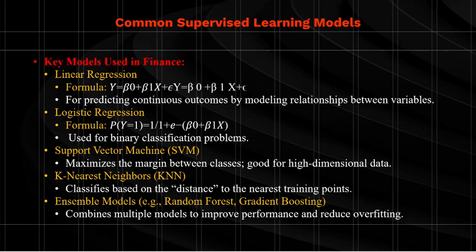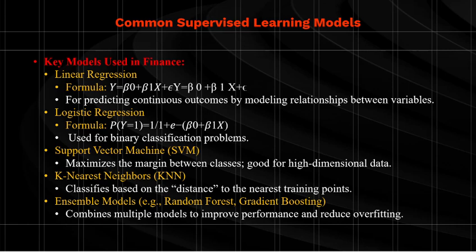Key models. So let's see key models used in finance. First we have linear regression, which predicts continuous outcomes by modeling the relationship between variables. Then we have logistic regression, which is used for binary classification problems.